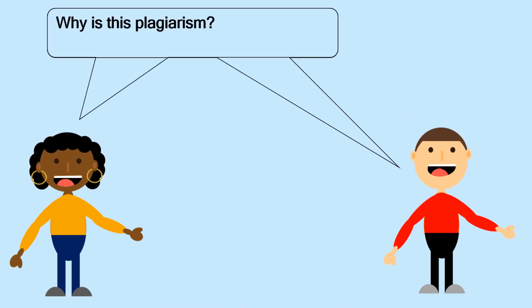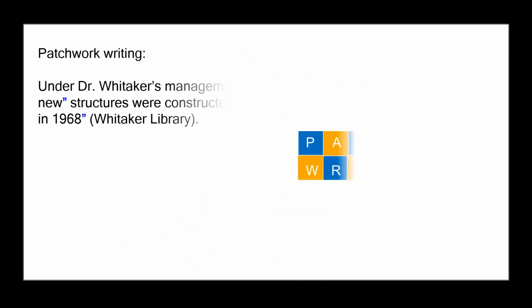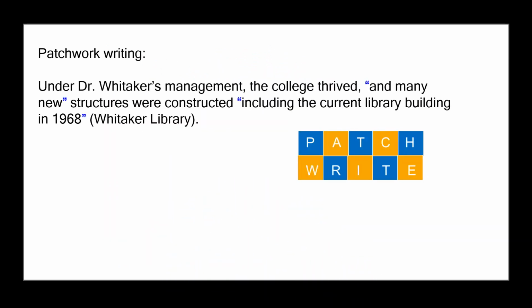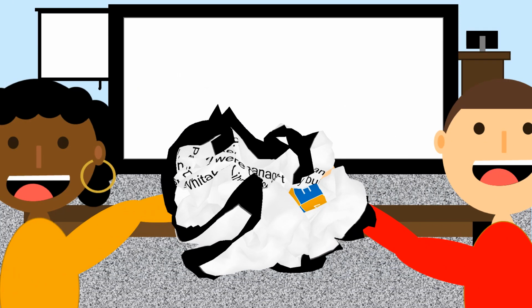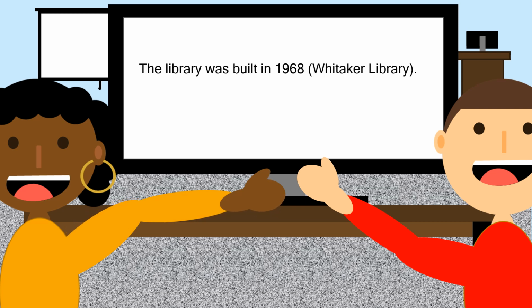You have not changed the text enough, and there are still phrases of the author's work unchanged. To correct the plagiarism in this passage, you would need to put quotes around all the phrases. To properly paraphrase or summarize an author's work, you need to completely change the text and put the ideas in your own words.